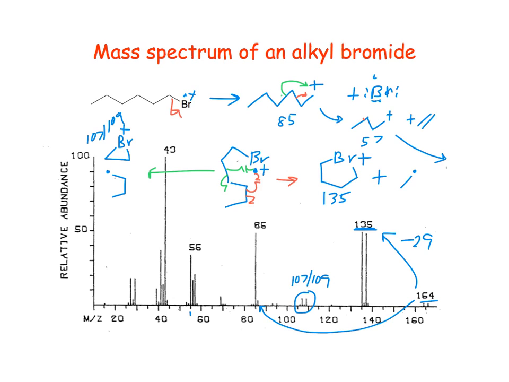And if it did that, it forms this one, which is at 43, plus a cyclopropane. It may not have to form it just in that way, because we can make 43 in different ways, but 43 is actually the base peak, which seems to be the base peak whenever we have these long alkyl chains, right?